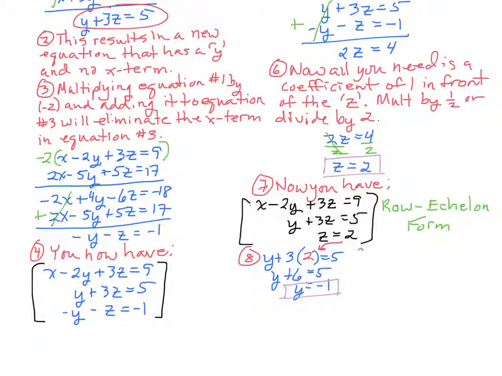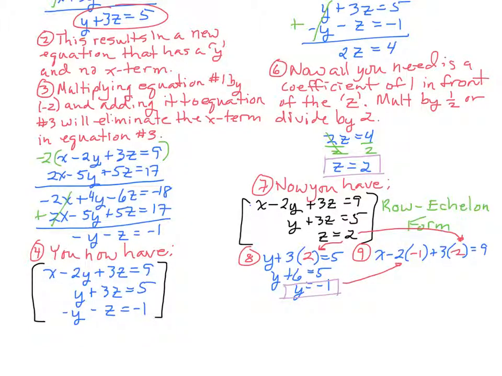Then 9, we're going to substitute into the top equation. So we have x minus 2, and instead of y, we're putting in the negative 1 because we got that from here. And then plus 3 times, instead of z, we're putting in 2, and we got that from here, equals 9.